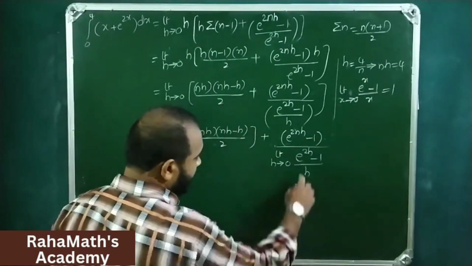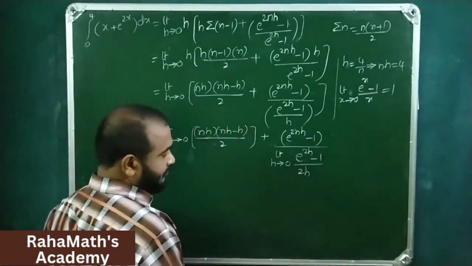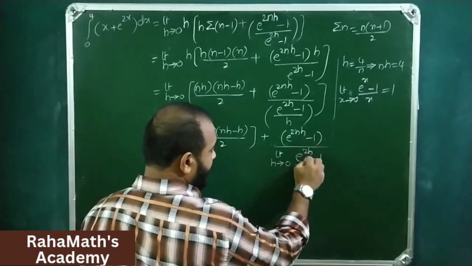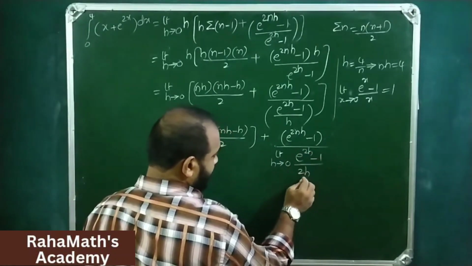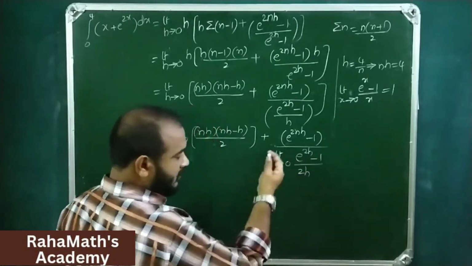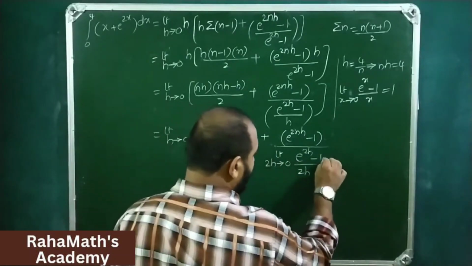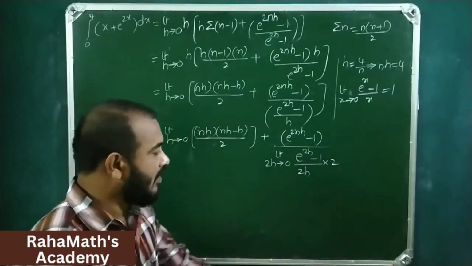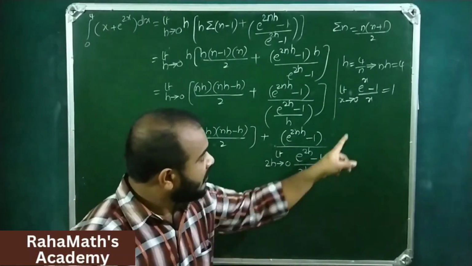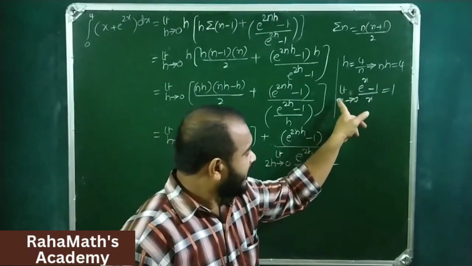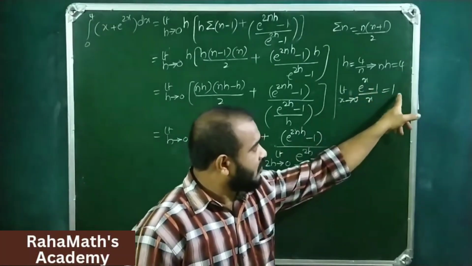So here I will multiply 2h, because if it is 2h, this is x, (e^x minus 1) by x. So 2h tends to 0 also. I will multiply and divide by 2, and since the formula is the limit as x tends to 0 of (e^x minus 1) by x equals 1.